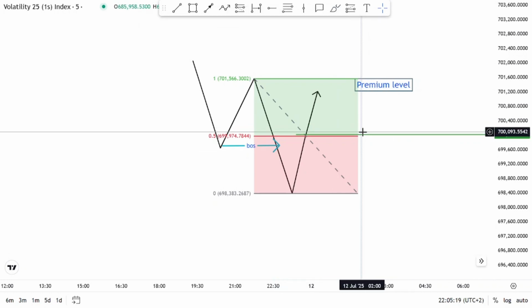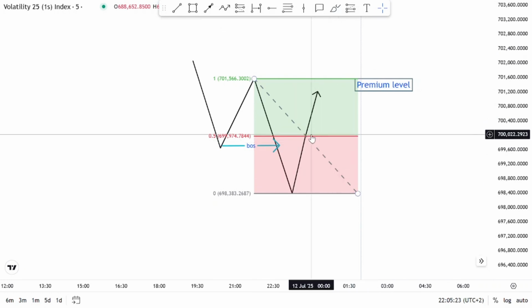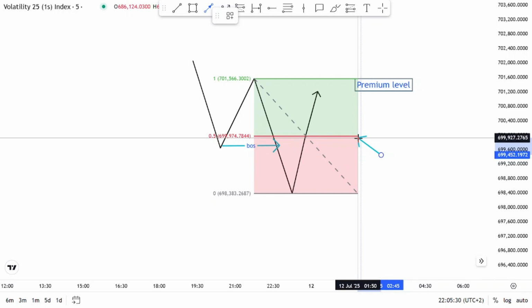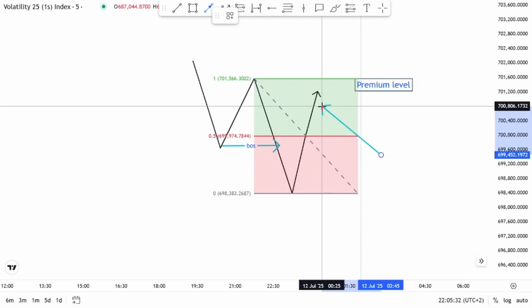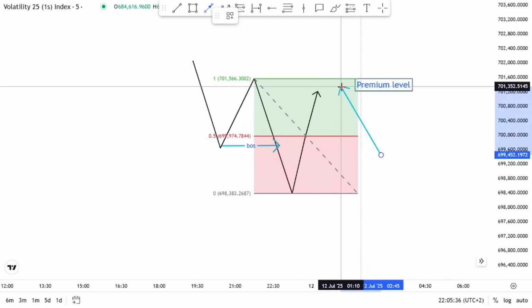So our premium level is above the 50% level, which is this red line here. It's above this red line, so we are looking to sell around the 70% way up to the 100%.